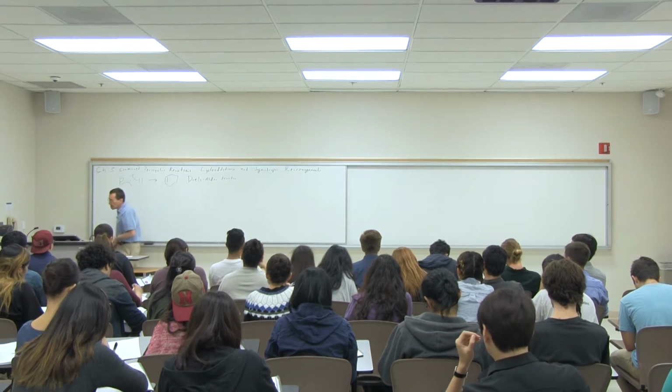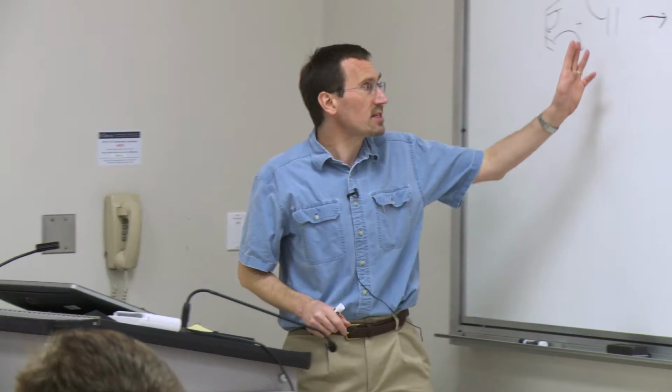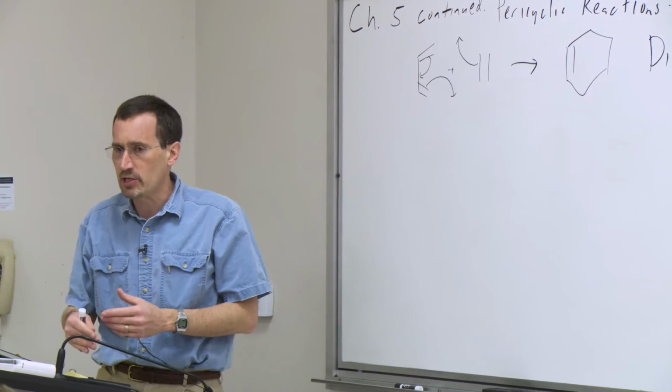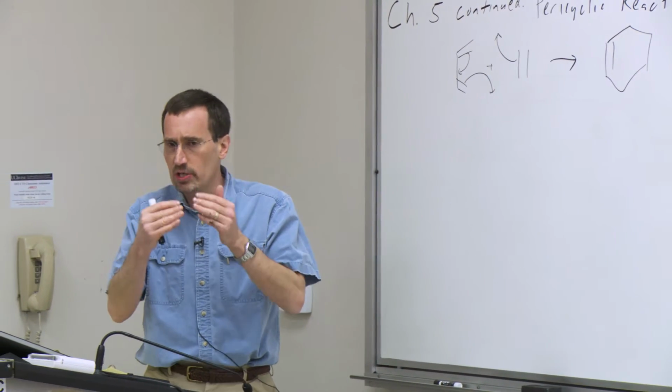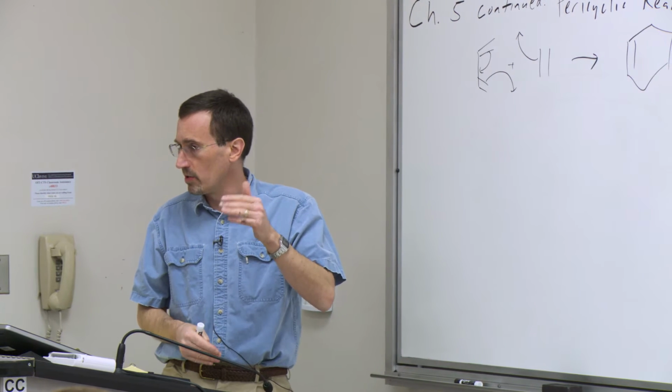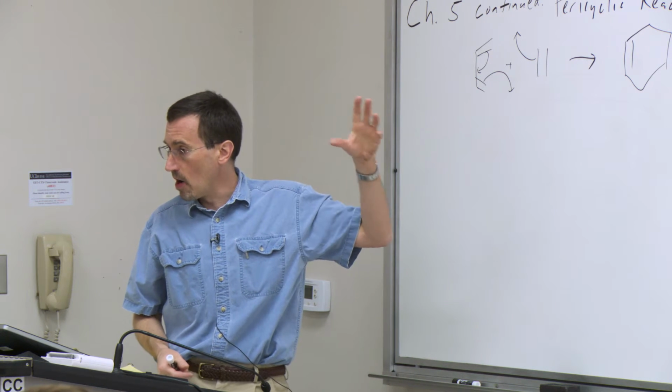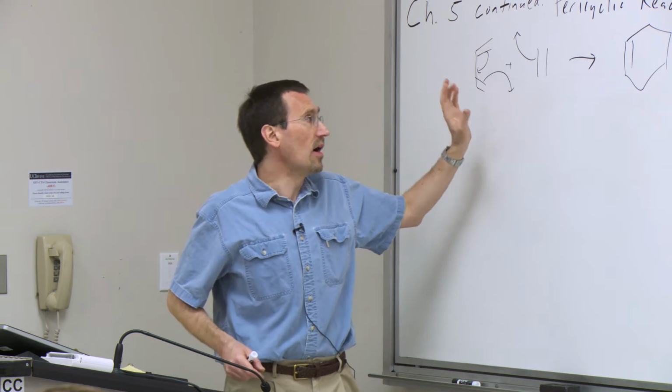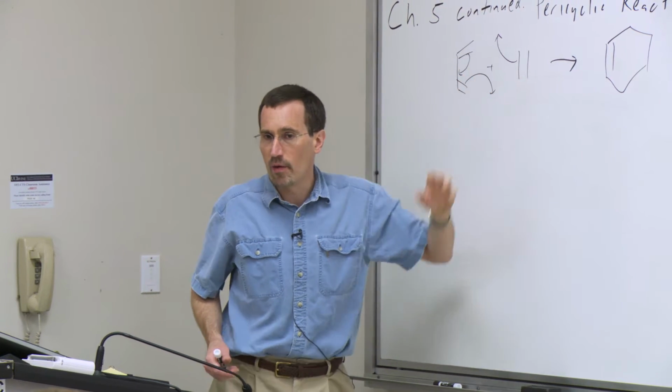The reason you need an electron withdrawing substituent for the Diels-Alder reaction is that it better matches up the energies of the orbitals, the HOMO of the diene with the LUMO of the dienophile.